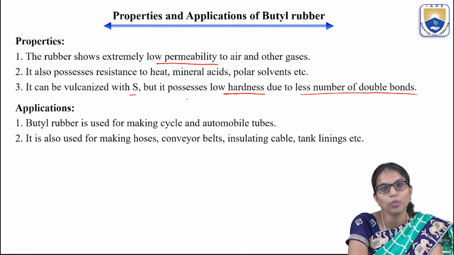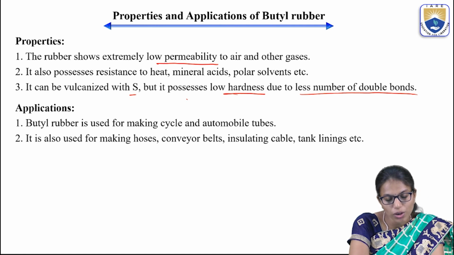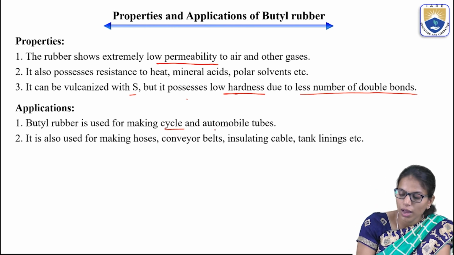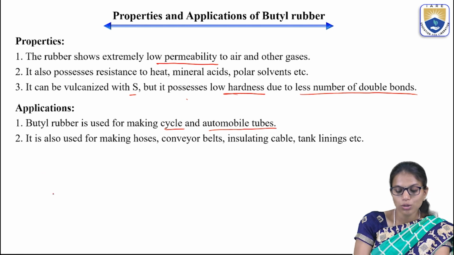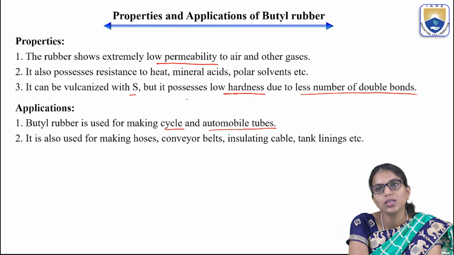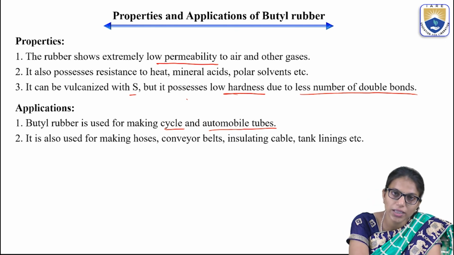Now coming to the application. Butyl rubber is used for making cycle and automobile tubes, and it is also used for making hoses, conveyor belts, insulating cables, tank lining, etc.